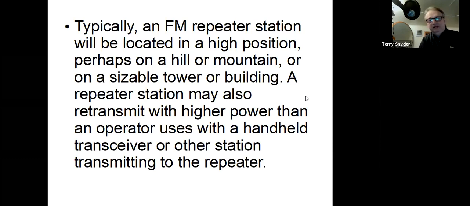So the idea is now your little 1 watt radio has the power of whatever that repeater is. Most of the time you're going to find them in the 30 to 50 watt, 60 watt range coming out of the repeaters. And the idea is that the receiver on the end gets a better signal than he might be putting in, because it's usually a handheld and you're at a disadvantage anyway, so it helps you to be heard better.